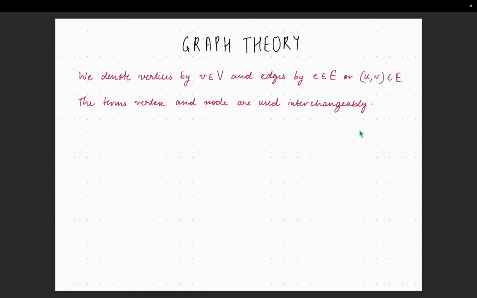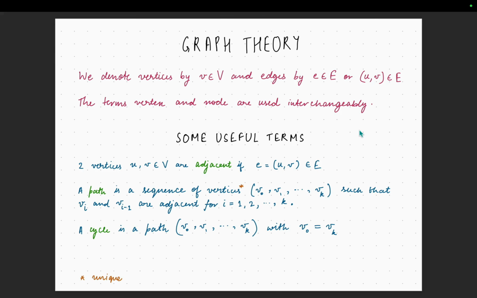Some other important terms and definitions regarding graphs are these. So first one is adjacency. Two vertices U and V are said to be adjacent if there is an edge connecting them. And then a path is a sequence of vertices that are unique. So V0, V1 to Vk are all different for it to be a path, such that Vi and Vi minus 1 are adjacent.